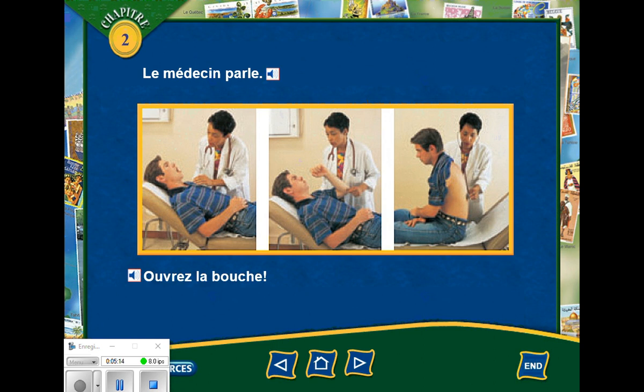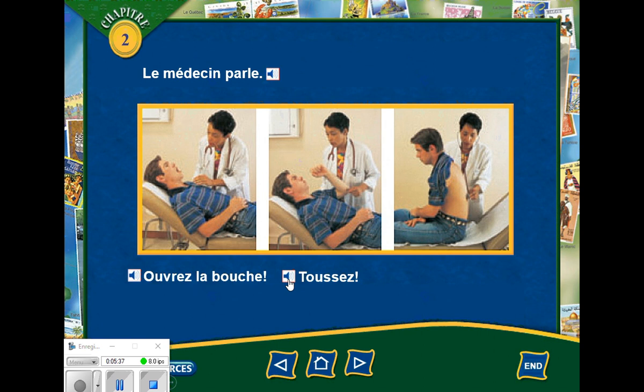So open your mouth. And you'll see she's using the vous form. She's using the polite form because she's his doctor. But you'll notice that there's no subject here. There's just the verb and the object. Ouvrez la bouche. This is why we call it the imperative, the command form. We're going to be learning about that in this chapter too.